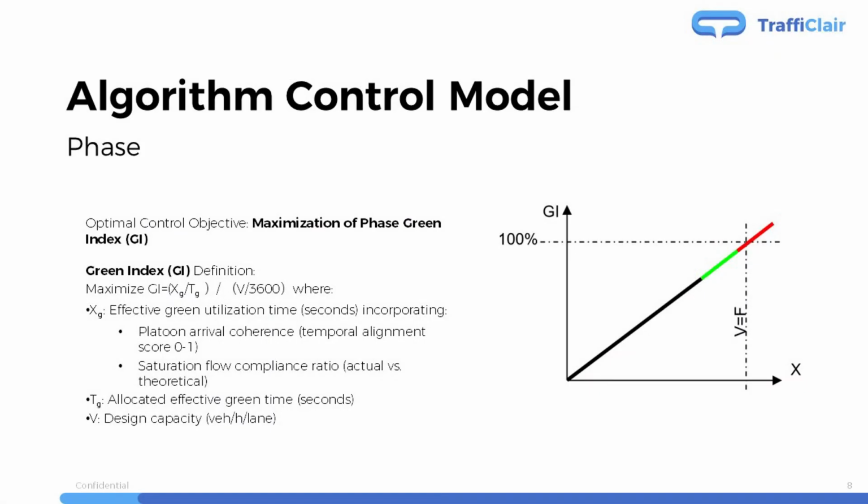The algorithm control model includes the adjustment of phase, cycle, split, and offset. The adjustment of phase is to maximize the phase green index called GI. The GI is calculated in the following formula related to XG, effective green utilization time, TG, allocated effective green time, and V, designed capacity.